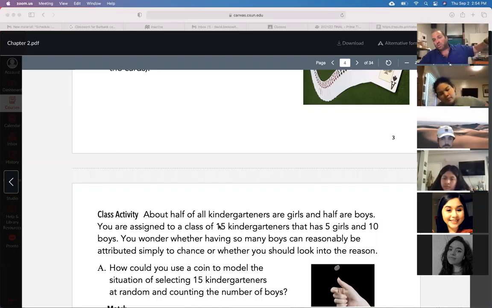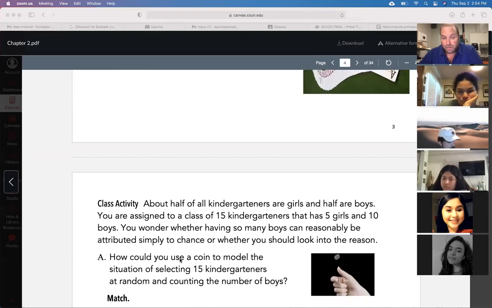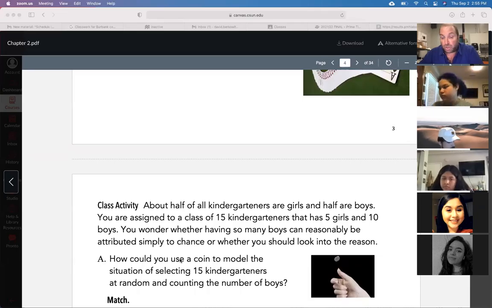We'll get to this later in the course, attributing numerical likelihoods to different outcomes as to whether or not it's reasonable to think it might occur. However, the point here is we are going to model a kindergarten class by flipping a coin. Is that a good simulation for modeling the number of girls and boys in my kindergarten class?